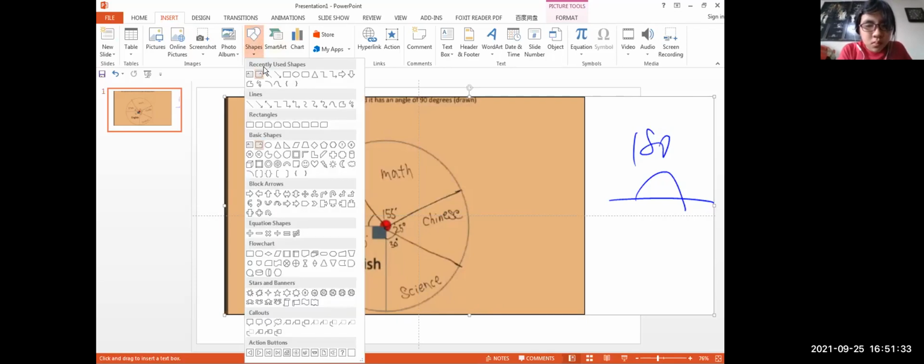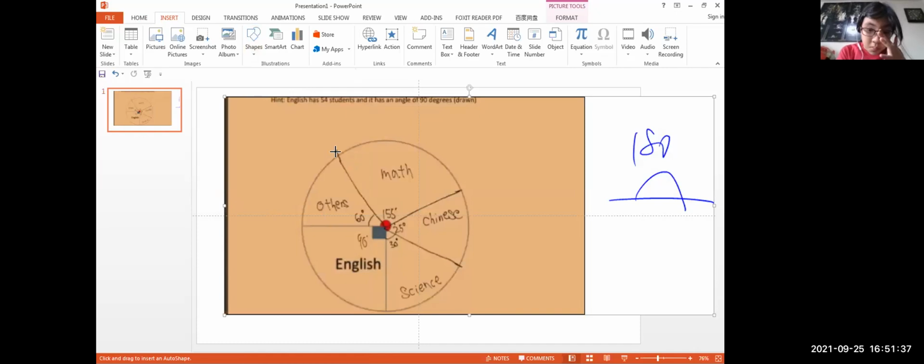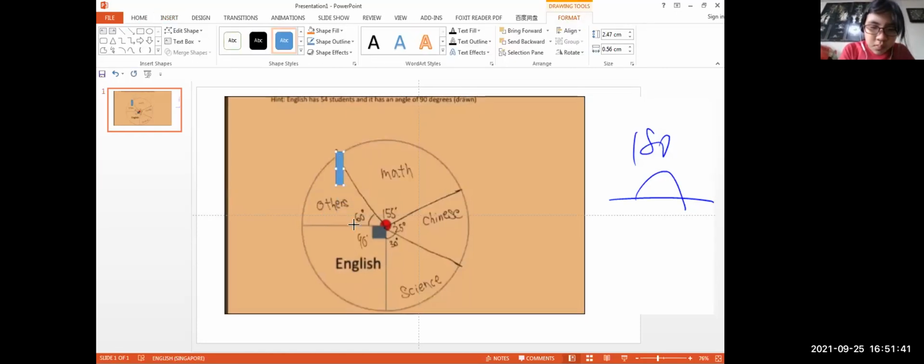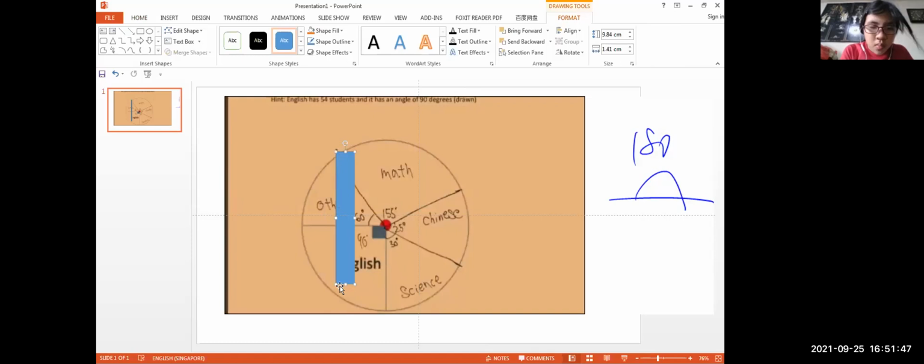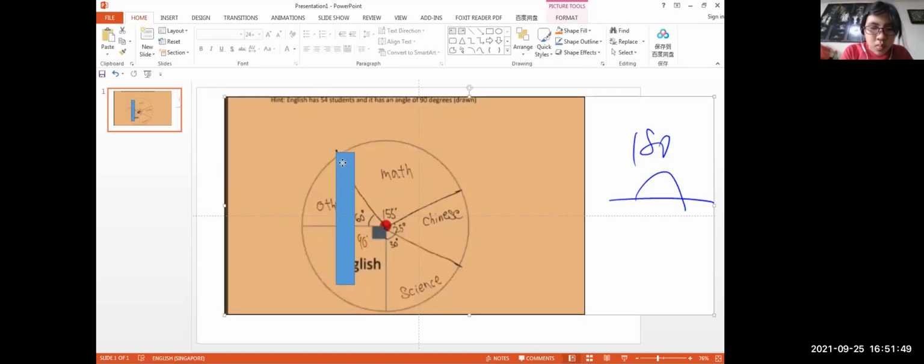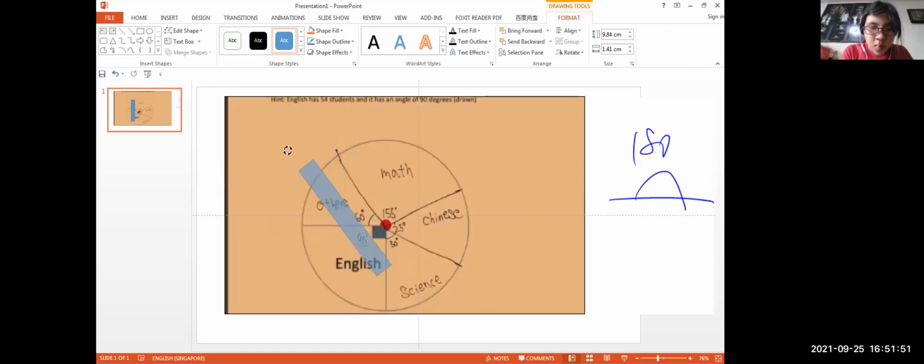First thing I will do is draw a straight line first. That's my first step, because 180 is very easy to draw. I always draw the easy one first.